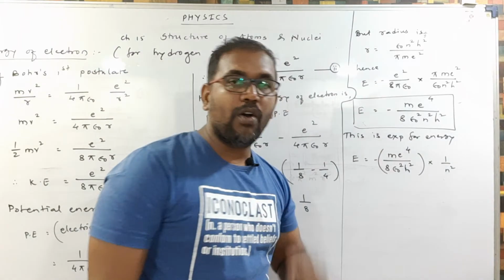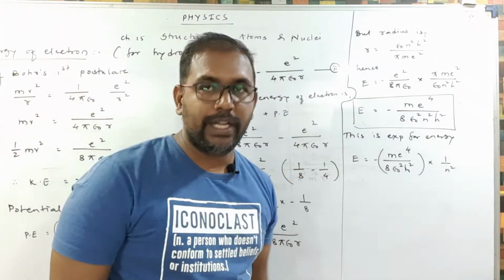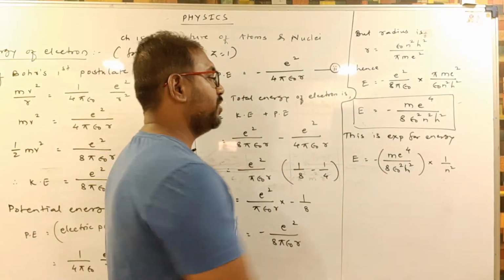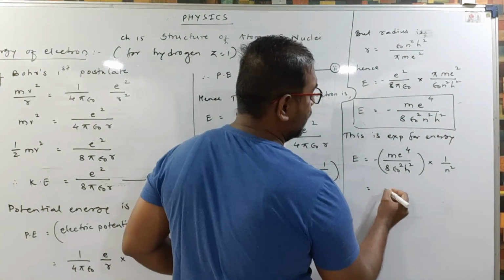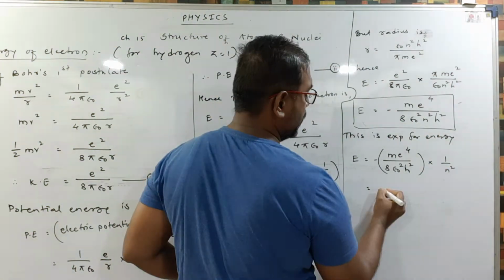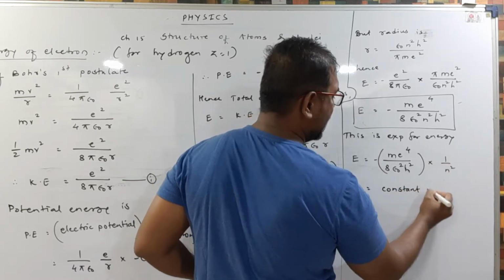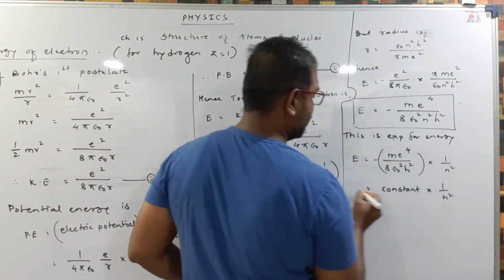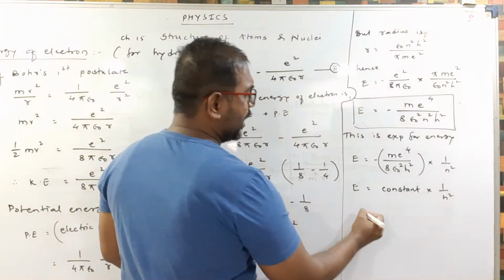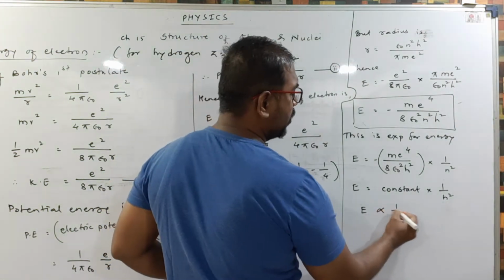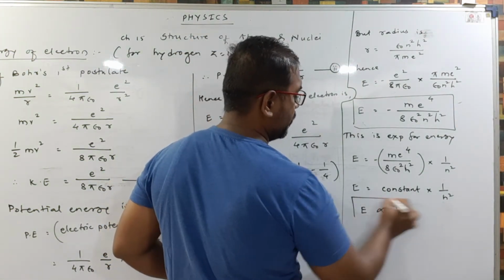Only the principal quantum number n I wrote to that side. So minus into this constant, and the constant into 1 by n square. So I can write E proportional to 1 by n square.